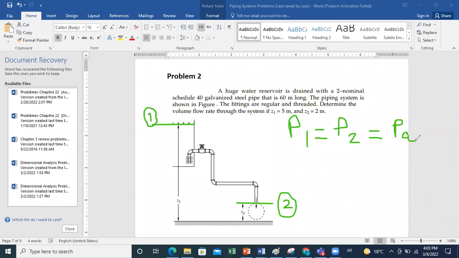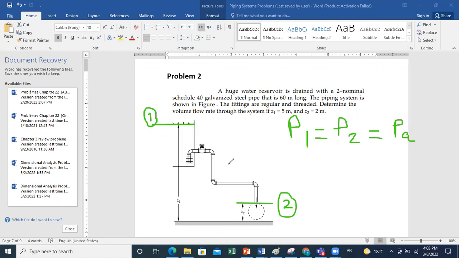Okay, and the change in elevation here is driving fluid motion. If you remember last time when we considered an example of horizontal piping, we have seen that in this case, in order to have motion of the fluid, the driving force was the pressure drop.